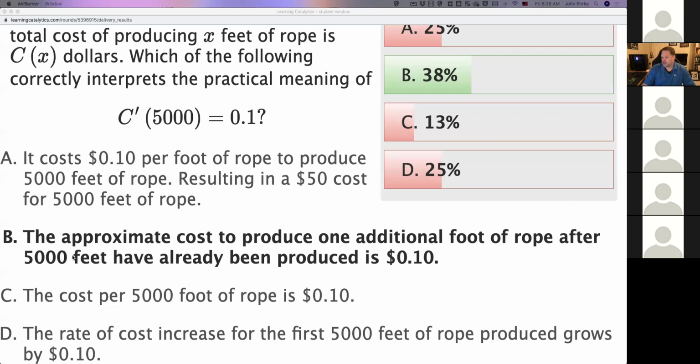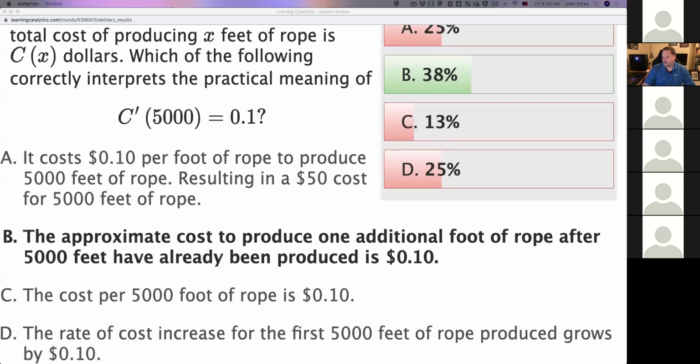So at the moment you've produced 5,000 feet, the cost to produce one additional foot will be 10 cents. Going from 5,000 feet to 5,001 feet, you would expect a 10 cent cost increase. That's what this says. As for C, the cost per 5,000 feet of rope is 10 cents. No, even though the units are correct there, because it's cost per foot, the context is not correct.